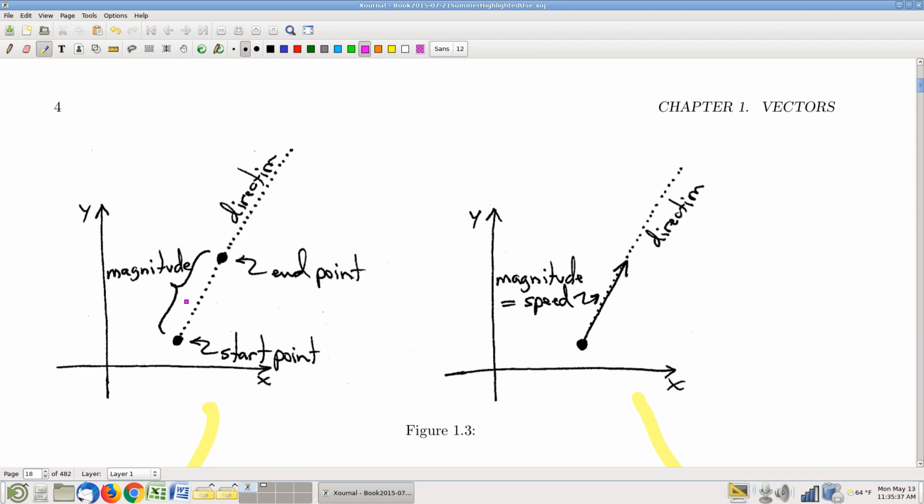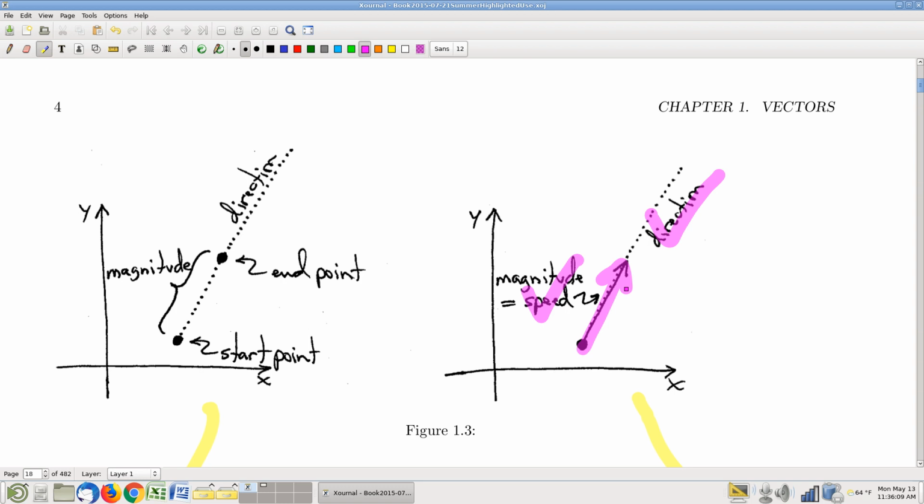Now here's a completely different physical concept, and that is velocity. If we're driving down the road in the car, we can talk about our velocity. Velocity means a combination of direction and speed. So that may be me right here, going in a certain direction with a certain amount of speed that we'll call the magnitude of that velocity.